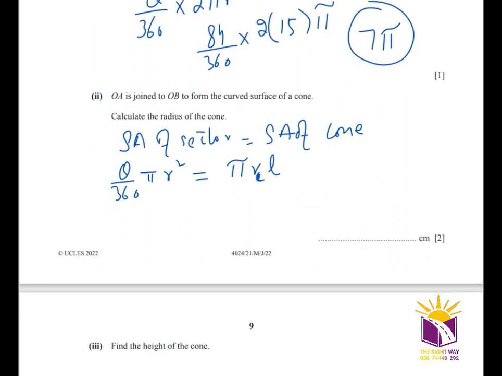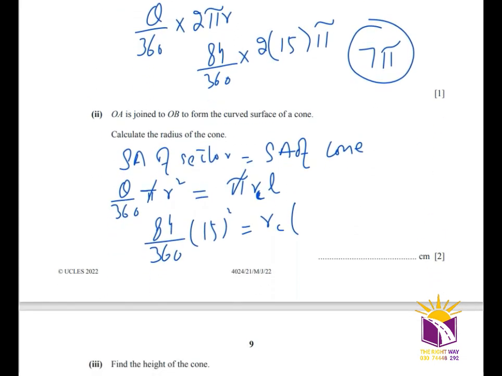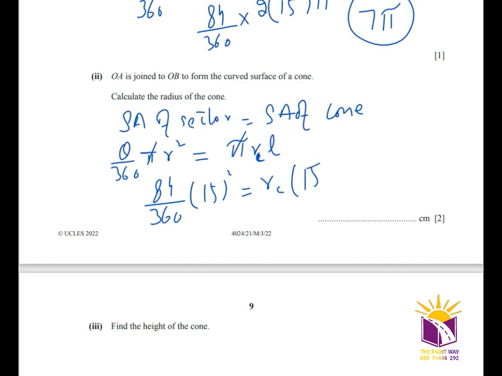Now theta is 84 divided by 360, pi cancels out with pi, and the radius is 15 squared, equal to rc times the slant height of the cone, which is 15. 15 cancels out with 15 on the other side.